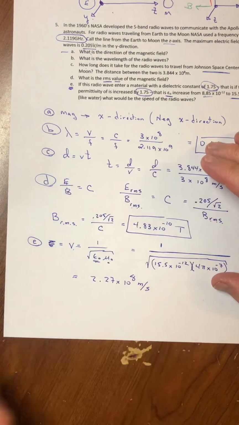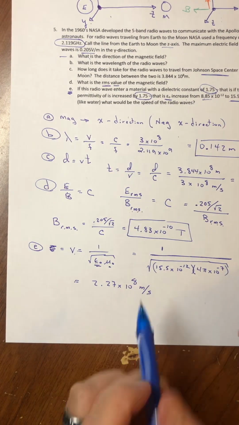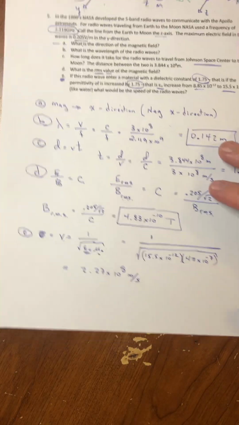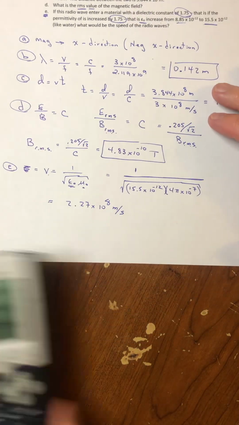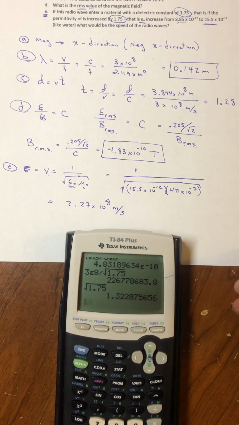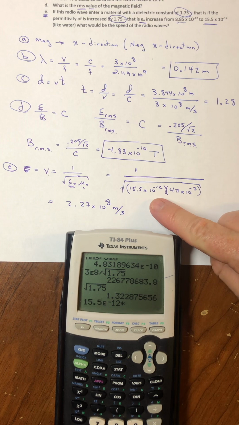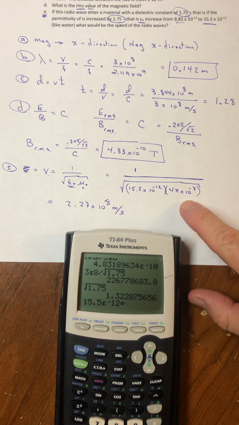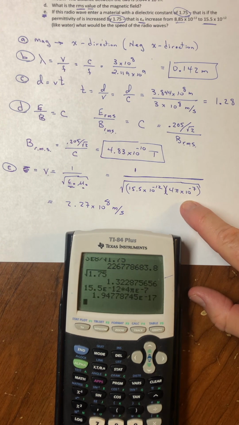But maybe for this calculation, I should just do the raw calculation instead of getting more detailed and turning it into an educational problem. Let me just do that. Let me go 15.5 times 10 to the negative 12 for the new permittivity, and then times 4 pi times 10 to the negative 7 for the permeability.